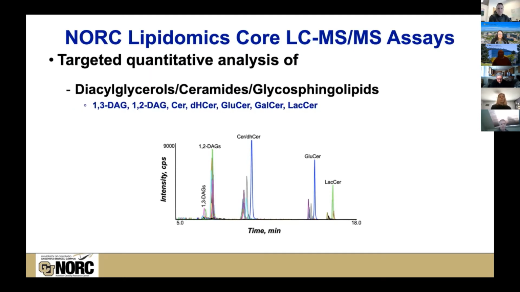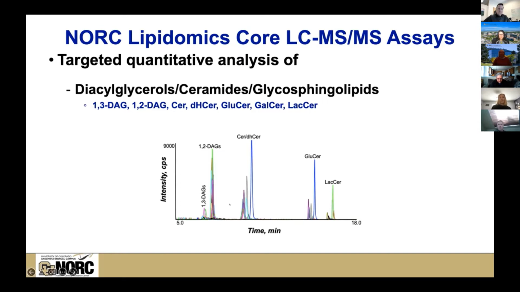The first platform that we have, we call our non-polar platform. And this looks at diacylglycerols, ceramides, and glycosphingolipids. So ceramides, dihydroceramides, glucosyl ceramides, galactosyl ceramides, and lactosyl ceramides. This is the chromatogram that we would see upon analysis of your sample.